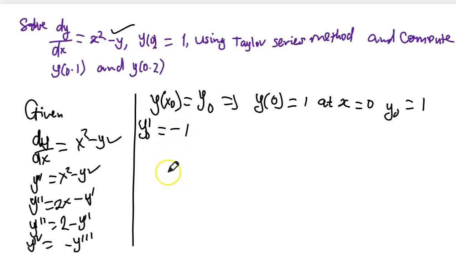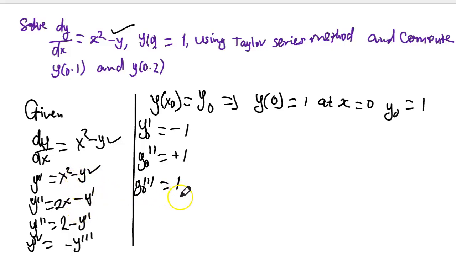So if y naught prime is negative 1, what is y naught double prime? So y naught double prime is nothing but positive 1, because this is negative 1. So if we take negative, it becomes positive 1. So what is y naught triple prime? Y naught triple prime is also going to give us 1, because here is positive 1, and we have already gotten 1.